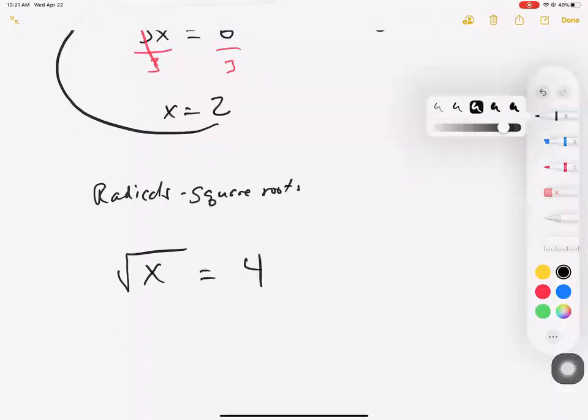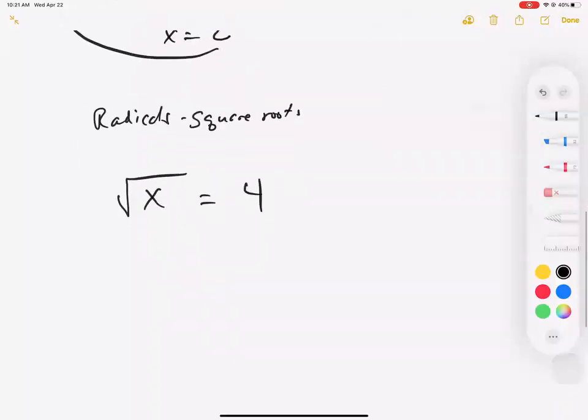So on our next step, I'm going to rewrite the problem so you guys can see it, and I'm going to do the inverse operation of a square root. Now remember, square roots look for pairs. So the opposite of that is to not look for a pair, but to give it a pair. I'm going to make it into a pair on both sides.